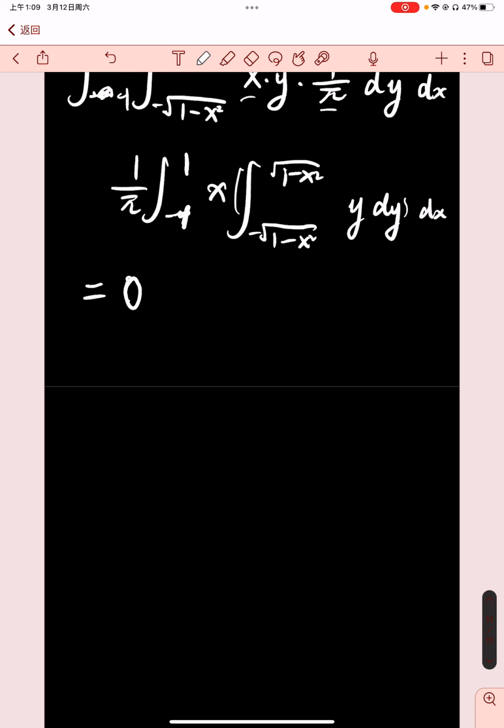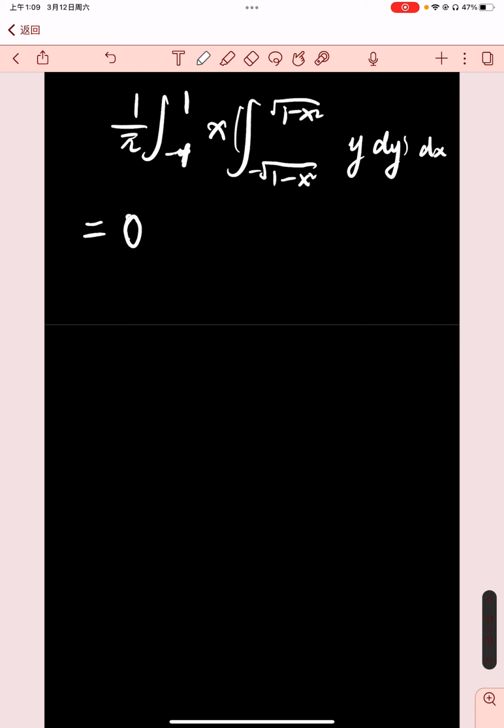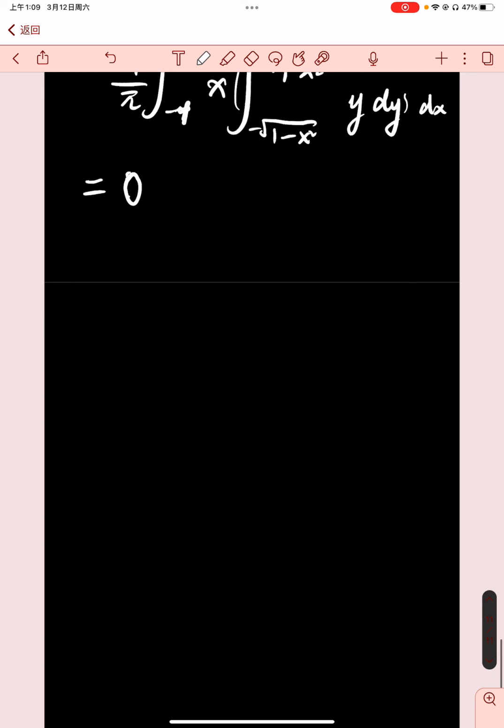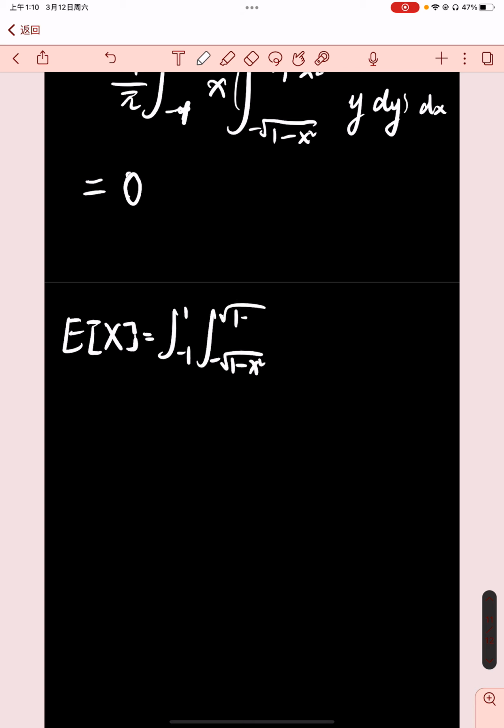So now we need to find the other expected values. For the expected value of x, E[X], we still use the range of x and y, with x times this function.